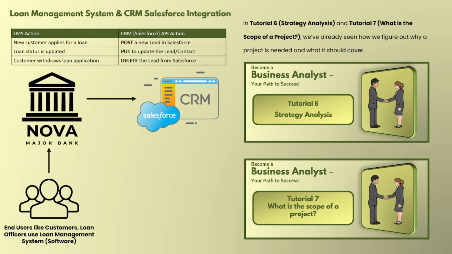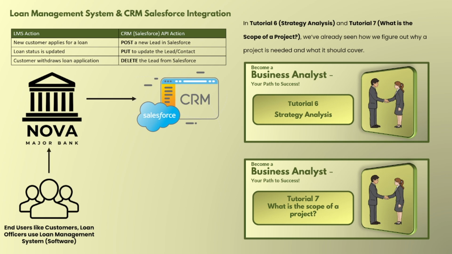We have already seen get. Now we will focus on three methods: post, put, delete. Via these three methods, APIs are exchanged between the two systems. In the picture you can see that end users like customers and loan officers use the loan management system software.